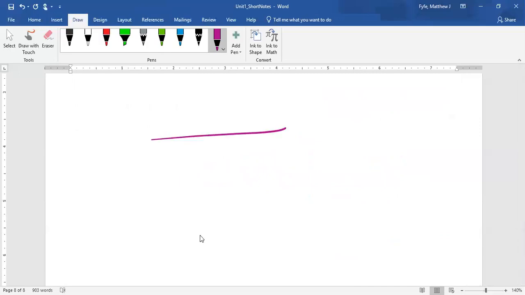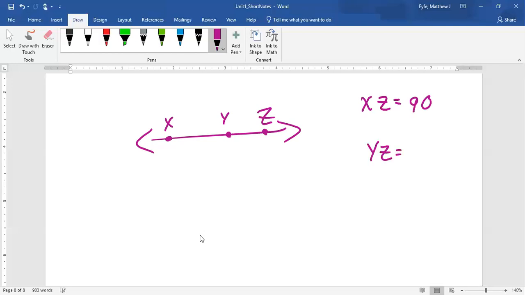Let me draw a line, and I'll put this is x, y, and z. If I tell you xz is 90, and I tell you yz is 30, and then I could ask you, well, what is xy?